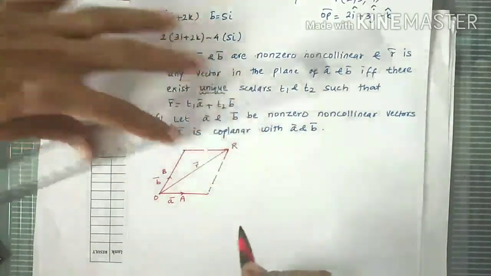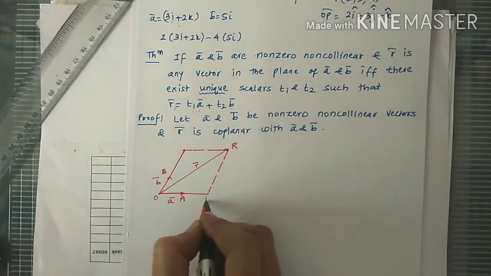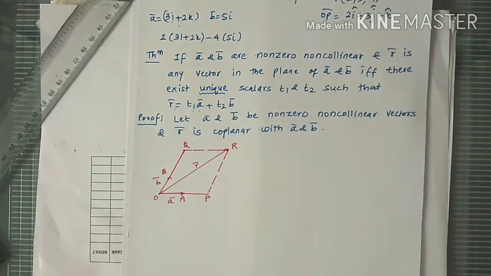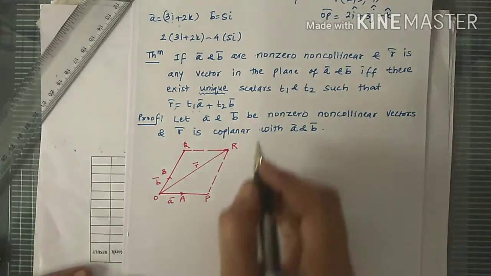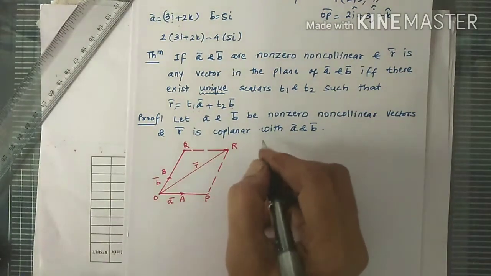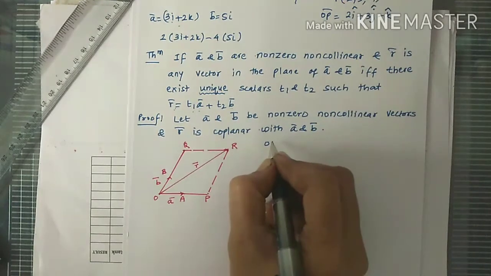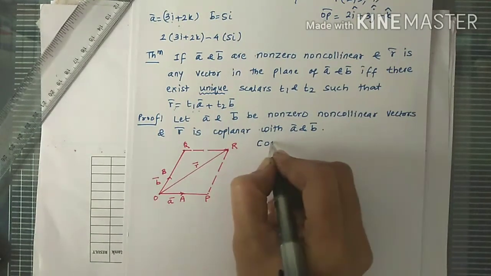So let the parallelogram be OPRQ. See, we have completed the parallelogram such that a bar and b bar are now on adjacent sides of the parallelogram and r bar is its diagonal. So what we have is, by the parallelogram law of addition, OR bar is equal to... okay, first let's write the construction.